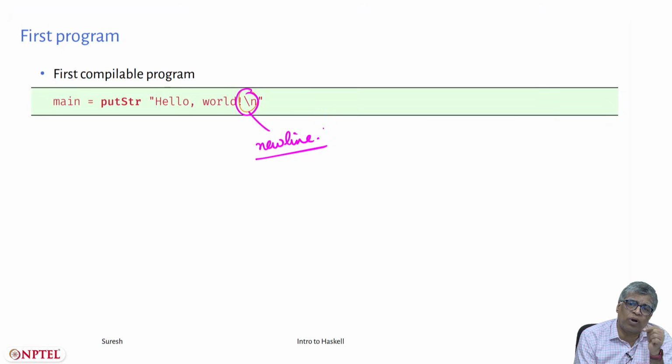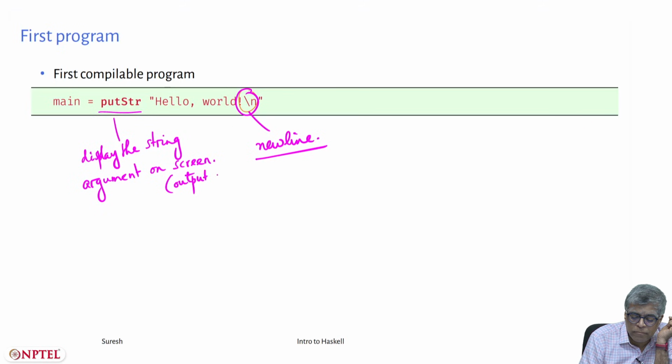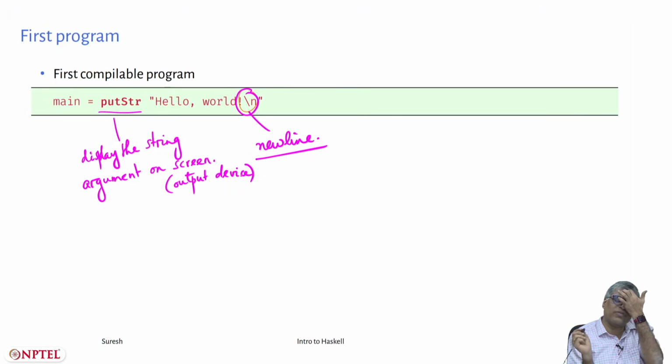That will print a new line on your screen. putStr is just saying display the string on the screen, or any output device, which could also be a file, as we will see later.